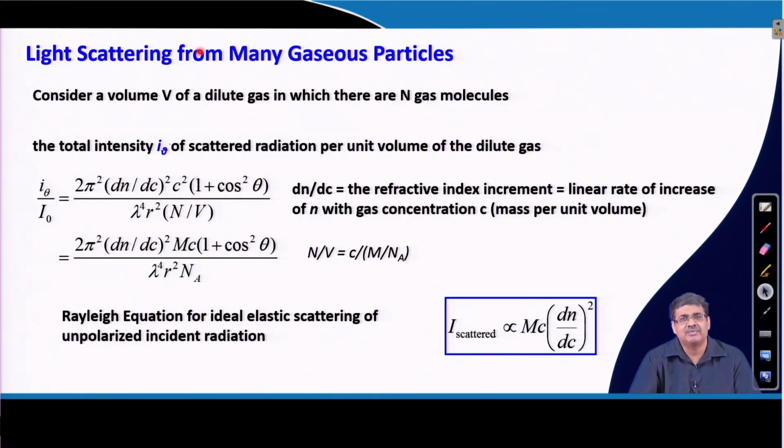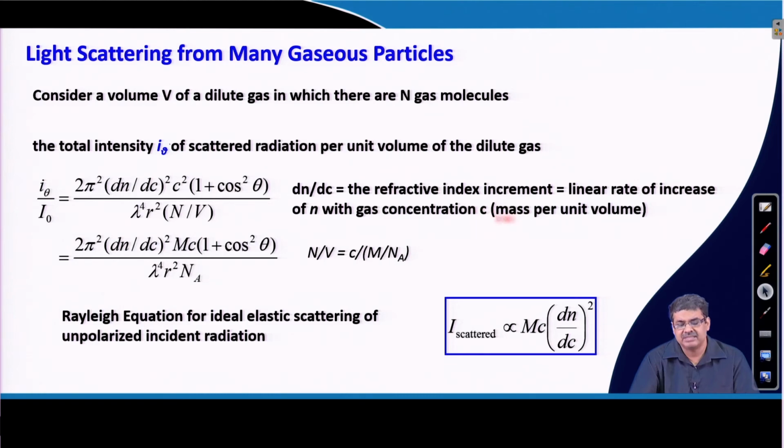Now, we will move from one particle to many gaseous particles together. Consider a volume V of a dilute gas having n gas molecules. In this case, the total intensity of the scattered radiation per unit volume of dilute gas is given by this expression, where dn/dc, which we have discussed, is the refractive index increment, the linear rate of increase of refractive index with gas concentration.